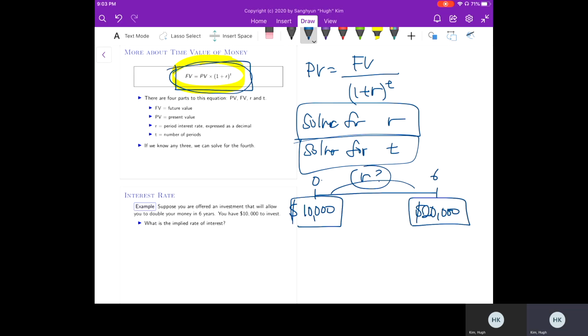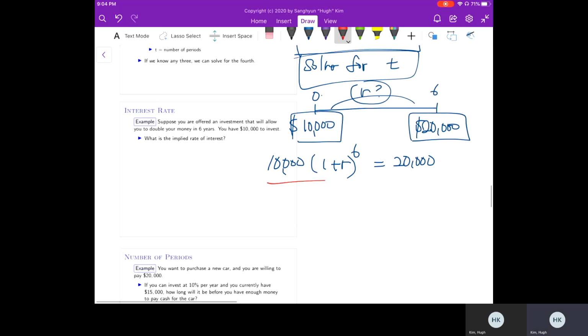So present value is $10,000 times (1 plus r) to the 6 equal to the future value, which is 20,000. We can divide both sides by $10,000. That's 1, that's 2. So (1 plus r) to the 6 is 2.